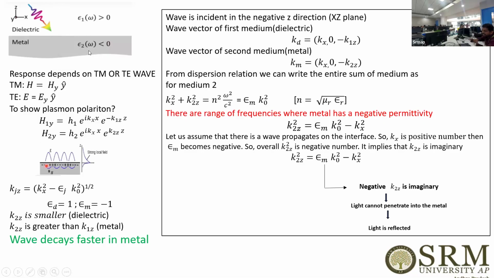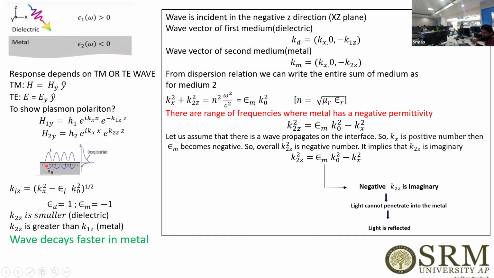I already told you that an evanescent or attenuation wave exists on this interface, and we got it smaller for the dielectric and greater for the metal. That means if you look at the diagram, the evanescent wave is decaying faster on the dielectric side compared to the metallic side. On the metallic side, the decay rate is very small.